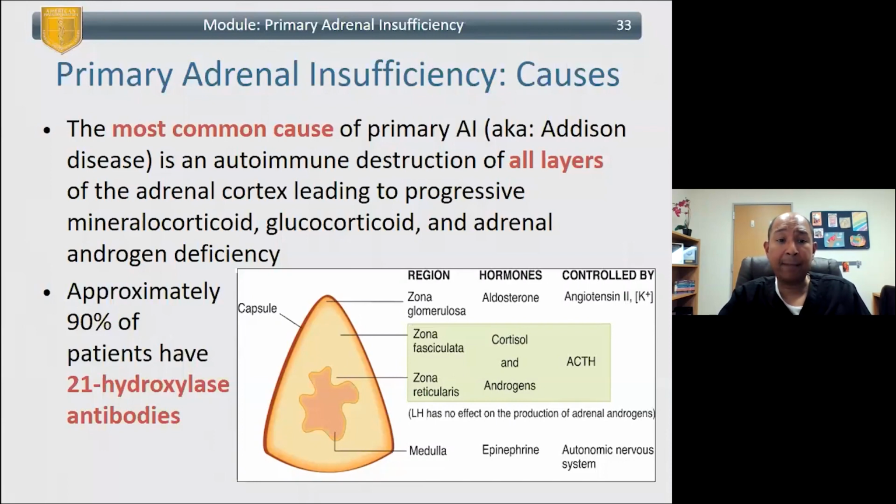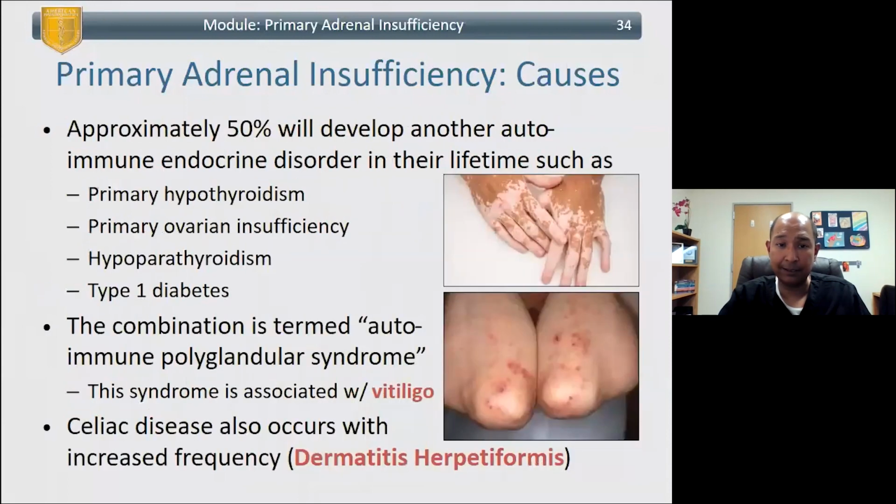Approximately 90% of patients are going to have antibodies to something called 21-hydroxylase. That's going to be a nice little board poll right there: what antibodies would you order? Those 21-hydroxylase antibodies.